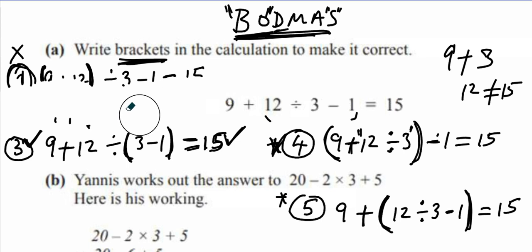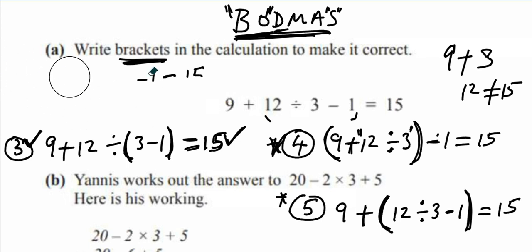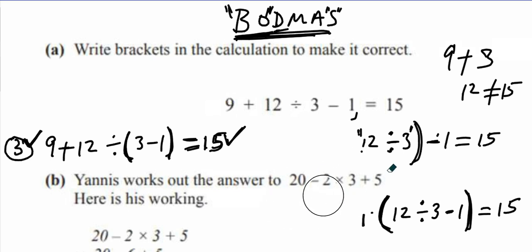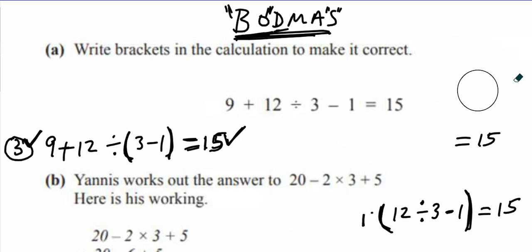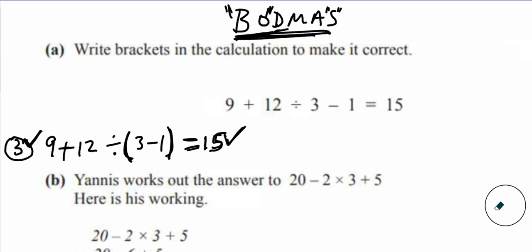So let us erase everything, let us delete everything, and keep the brackets as wanted. Okay. So this third possibility gave us the correct answer by putting the brackets between 3 and minus 1.